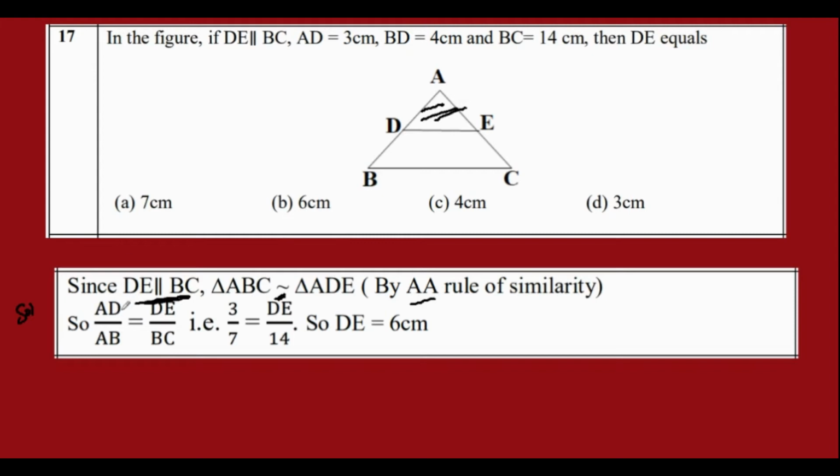So we can write their ratios similar. AD by AB will be equal to DE by BC. So AD is given as 3 centimeters, AB 7, DE we have to find, and BC is 14. Doing cross multiplication, DE into 7 is equal to 14 times 3. DE will be 14 into 3 by 7, which is nothing but 6 centimeters. Correct option for 17th question is option B, 6 centimeters.